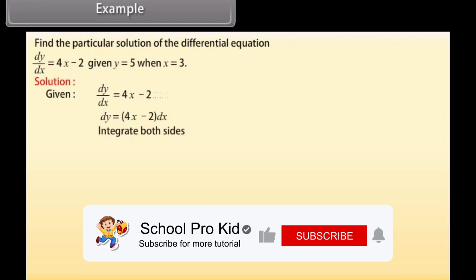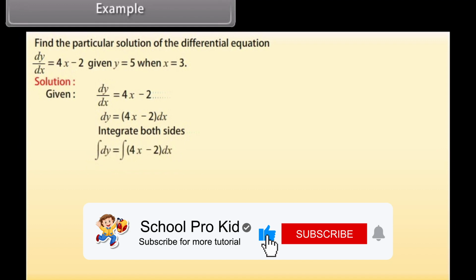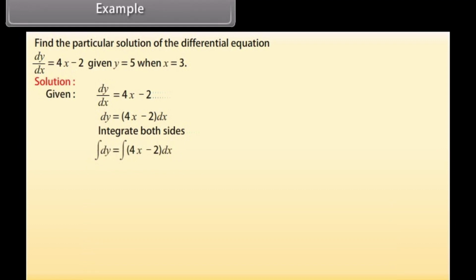Integrate both sides. Integral of 1 with respect to y equals integral of 4x minus 2 with respect to dx. y equals 2x square minus 2x plus c is the general solution.